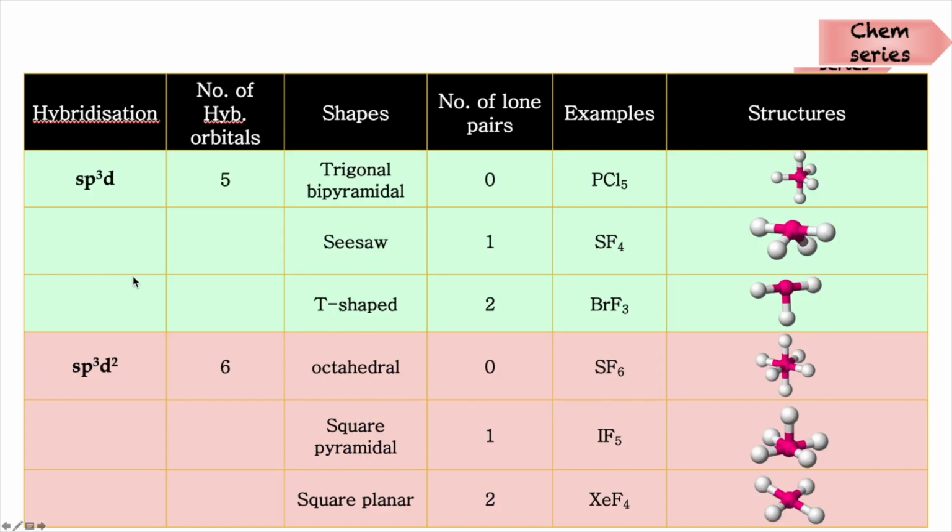Similarly, sp3d and sp3d2 hybridization have 5 and 6 hybrid orbitals respectively, and the shapes are trigonal bipyramidal, seesaw, T-shaped, octahedral, square pyramidal, and square planar, according to their number of lone pairs. Examples for each structure are also given. You have to memorize this table to solve structures very easily.